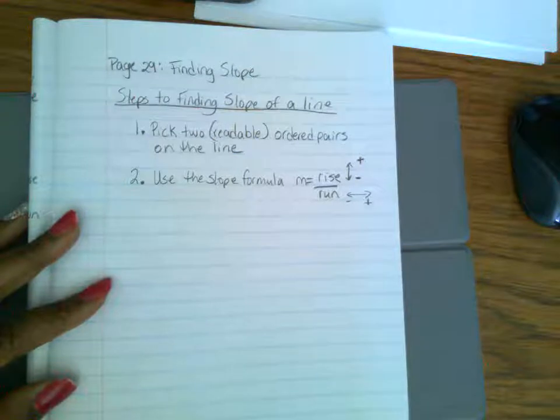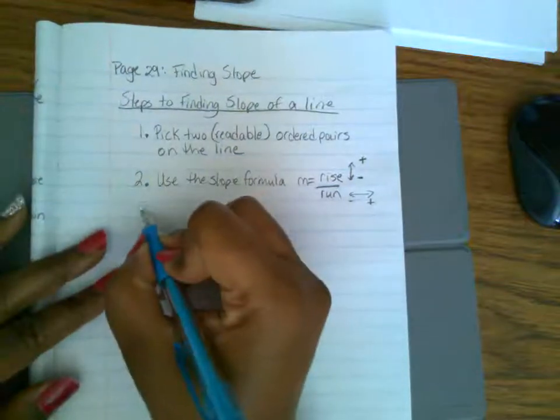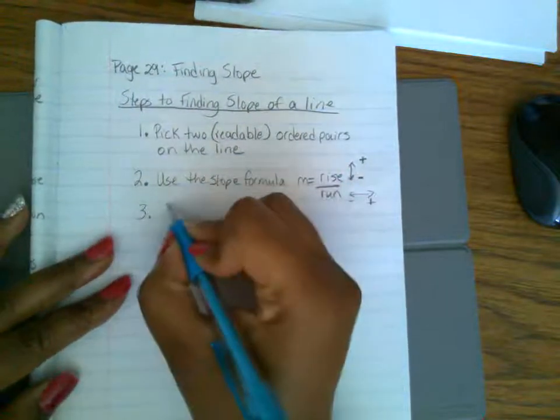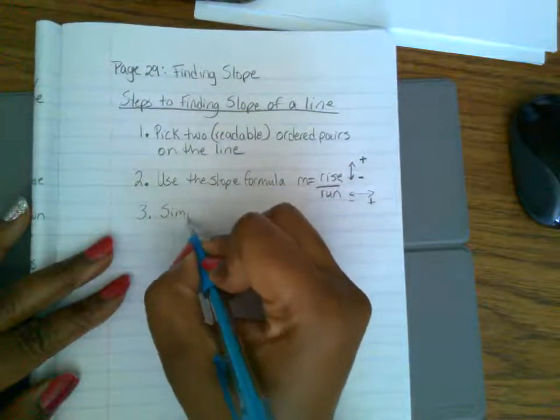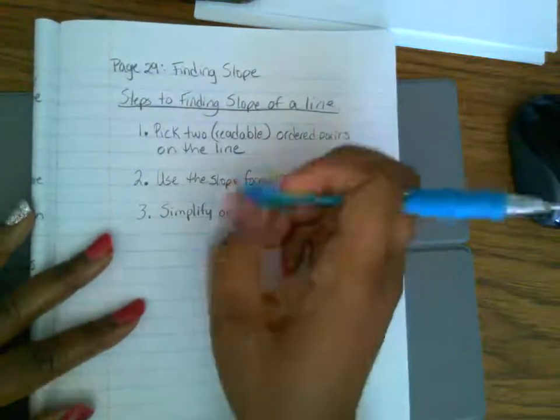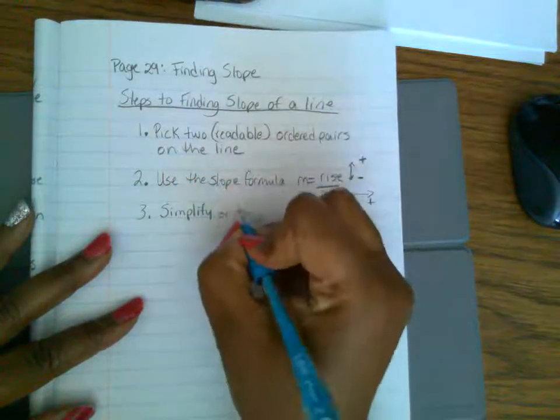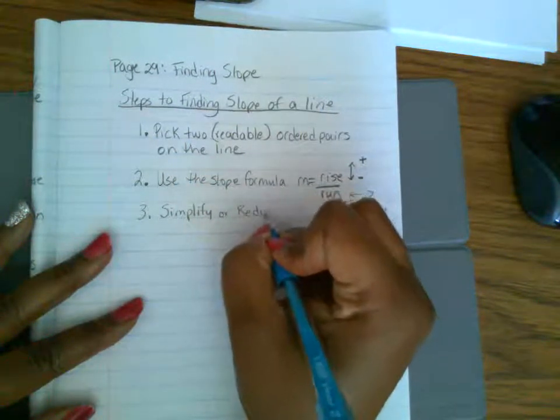Lastly, make sure that you reduce or simplify your answer. Simplify, we'll say simplify first. Simplify or reduce. Okay.